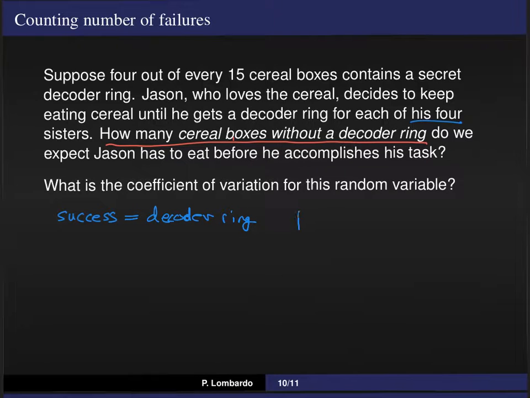All right, and then we know that the probability of success in this case is going to be 4 out of 15. Now, Jason has 4 sisters, so we're not looking for the first success or the second success. He's just going to keep eating cereal until he gets 4 successes, right? So the r value is going to be 4.